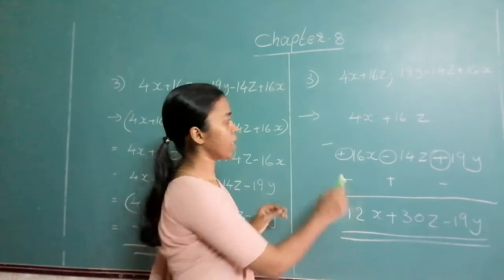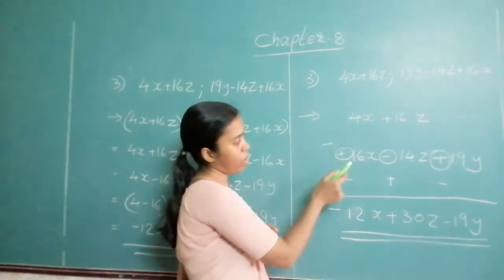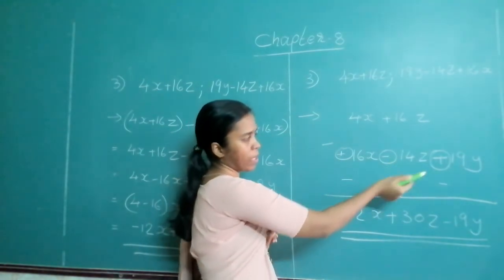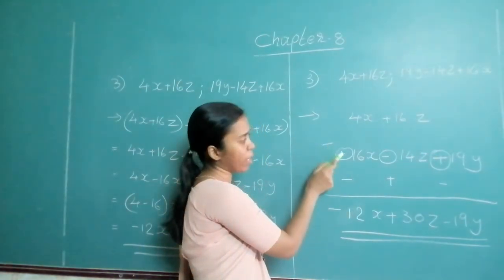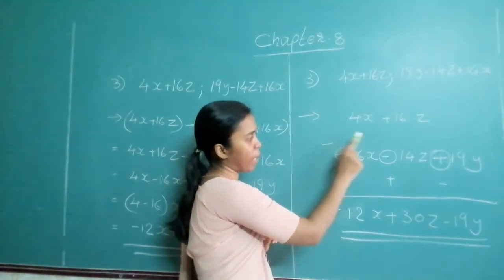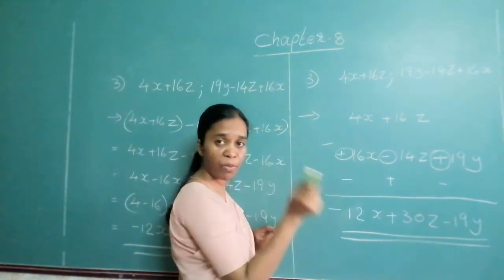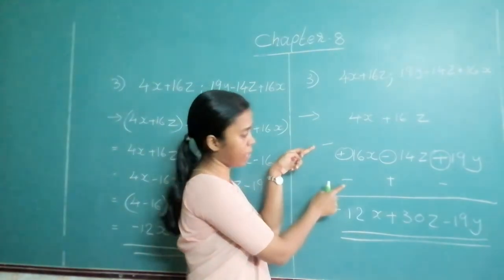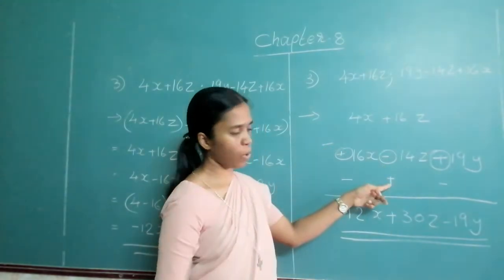Okay. Since it is a subtraction, sign changes throughout. This is plus become minus, minus become plus, plus become minus. That is, when we multiply minus into plus, minus, minus into minus, in multiplication and division, if the signs are different, answer is negative. If the signs are same, answer is positive.